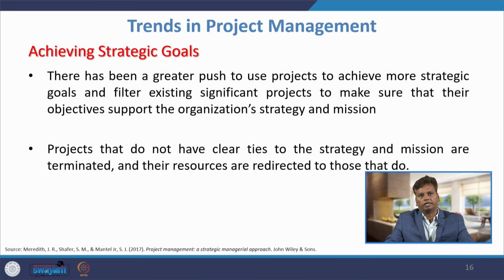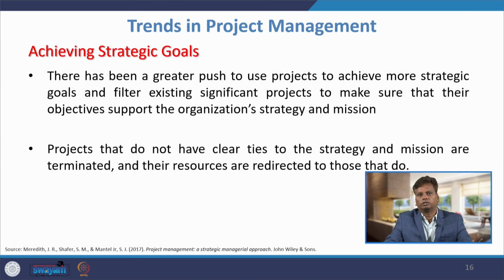The first trend is that project management is helping to achieve strategic goals. How? There has been a greater push to use projects to achieve more strategic goals and to filter existing significant projects to make sure that their objectives support the organization's strategy and mission. So, now the trend is that project management is used to achieve strategic goals.